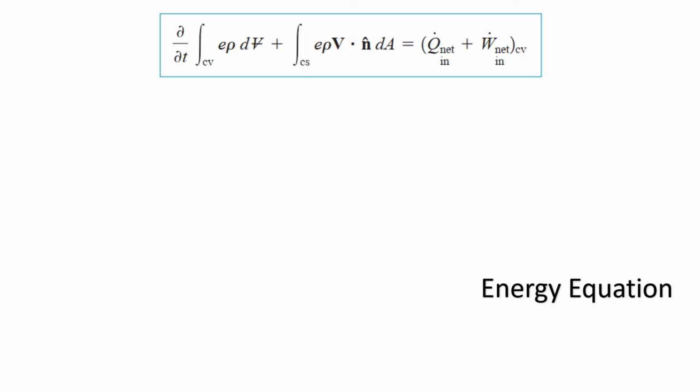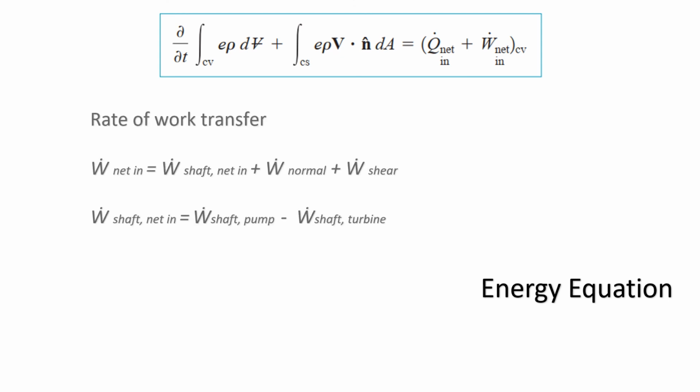Further, this equation can be derived into the energy equation that we used to find different types of efficiencies and energy requirements and energy outputs of our different types of pumps and turbines. And from here we defined the rate of work transfer, that is, how work transfer will take place.